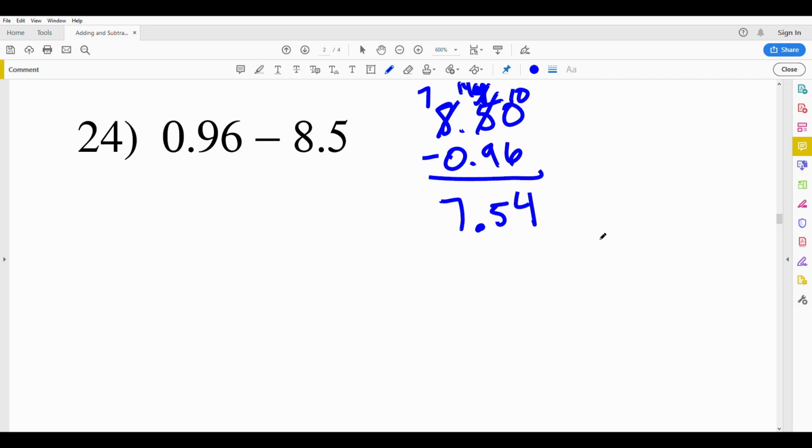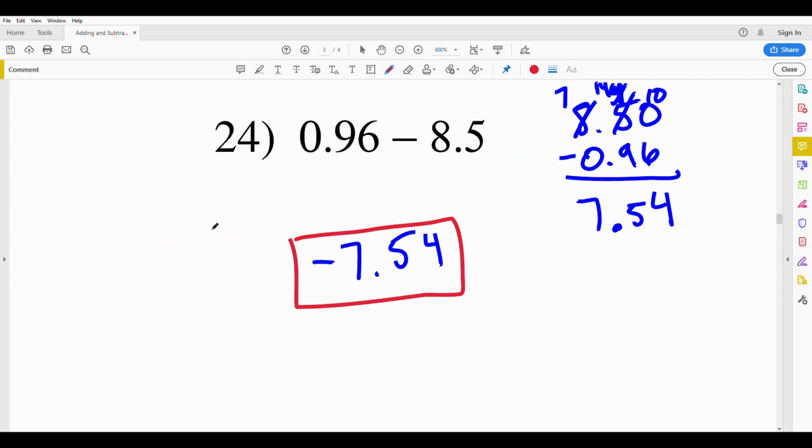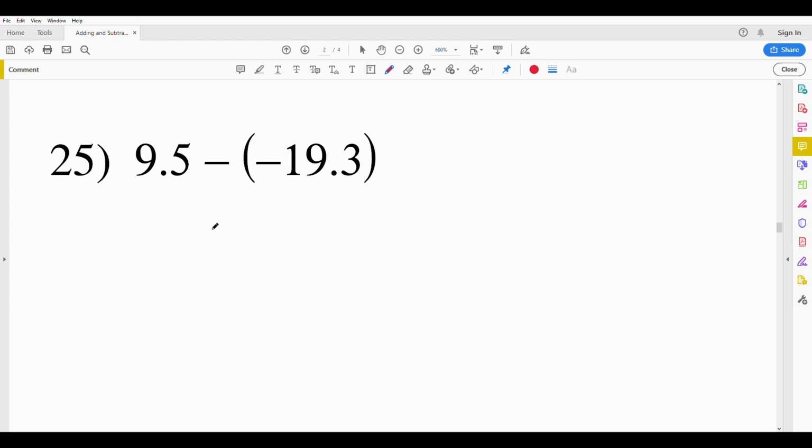So I moved 0.96 to get to 0, and then I have to move an additional 7.54 in order to move a total distance of 8.5, and remember, it's negative. So negative 7.54 is my solution in number 24. In number 25, subtracting a negative, right away, adding a positive.